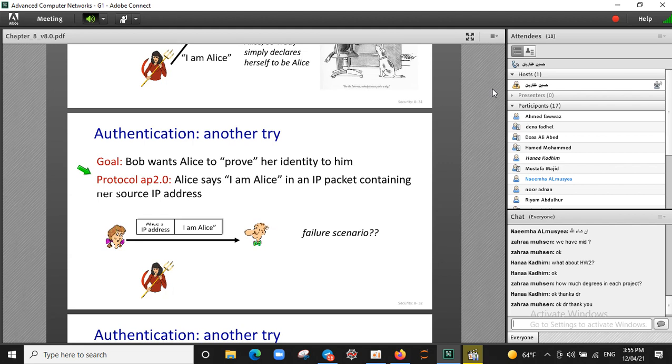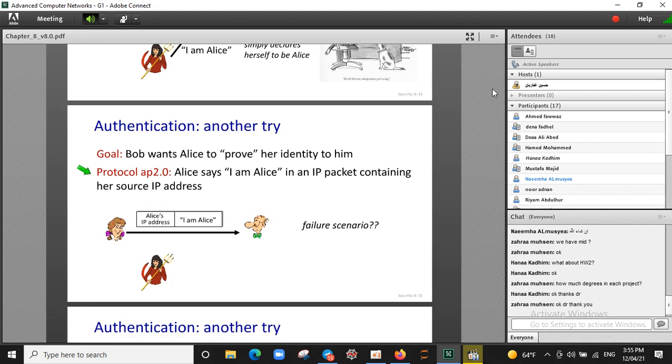Okay. Let me try another strategy. Alice would send a message to me. I am Alice, and to prove her identity, she sent me her IP address too. Okay, I am Alice. This is my IP address. Is it enough? No. Why? Because Trudy is here.